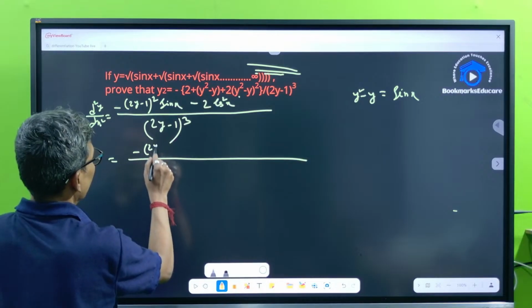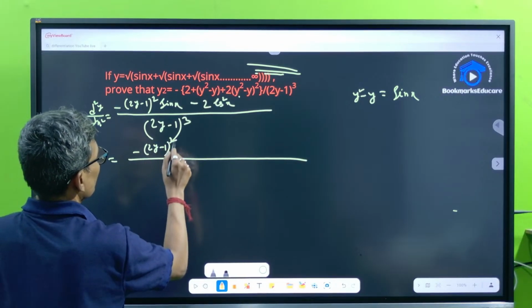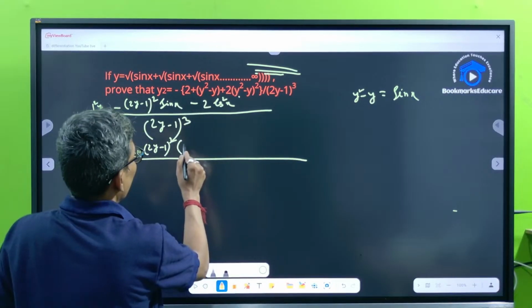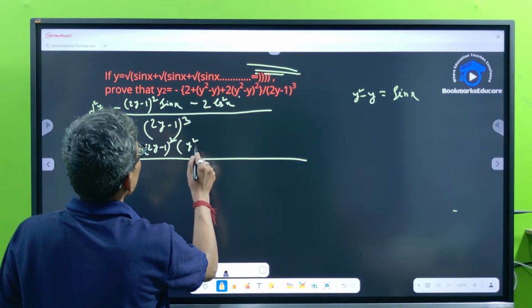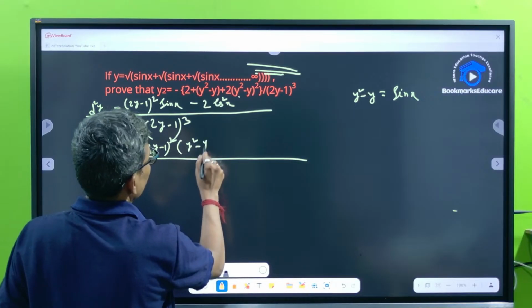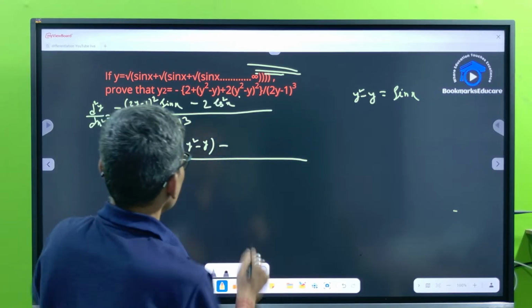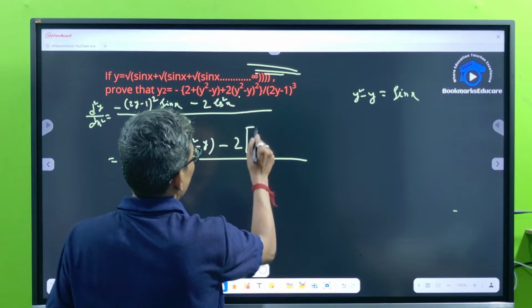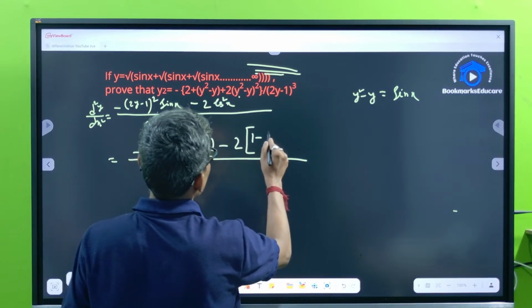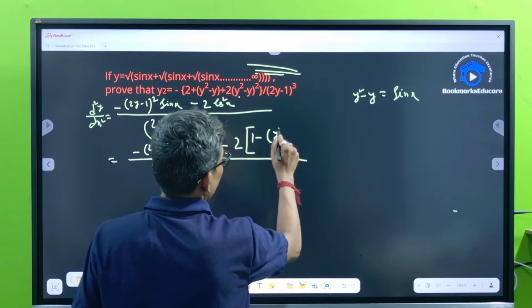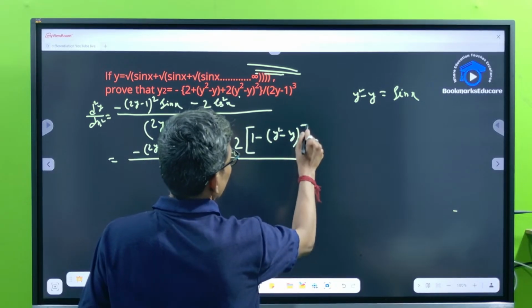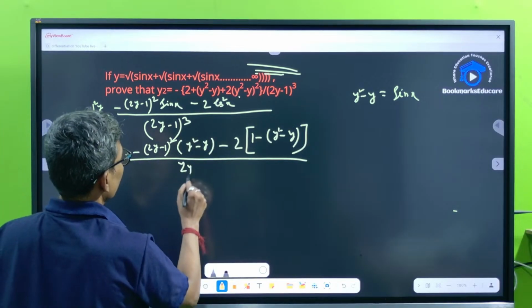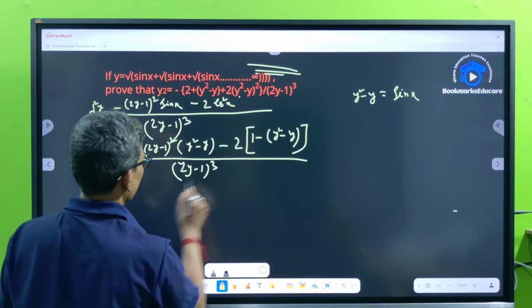minus 2y whole square sin x means y square minus y and 2 into 1 minus sin square, 1 minus y square minus y whole square. So 2y minus 1 whole cube.